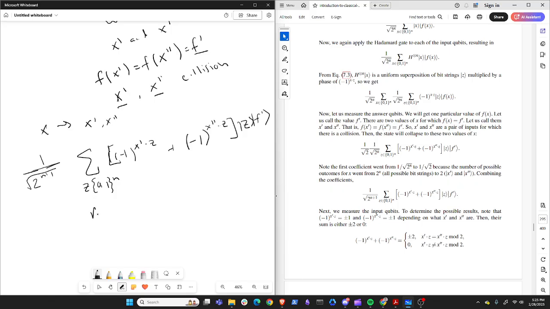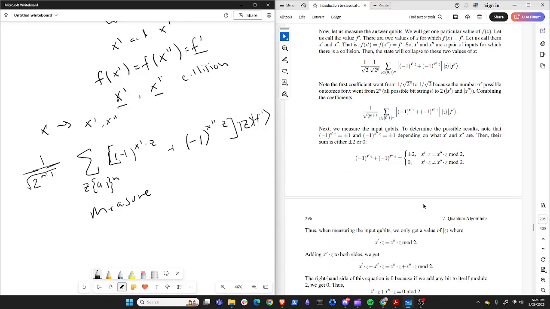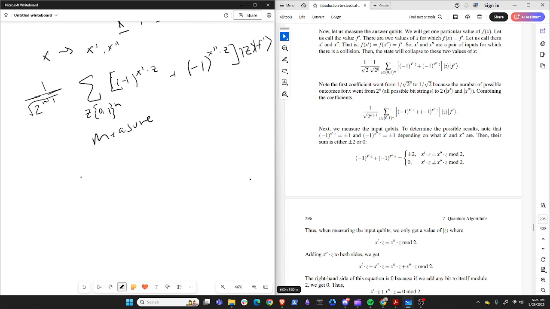Now we measure. So when (-1)^(x prime·z) and (-1)^(x double prime·z) both give us plus or minus 1, depending on what these are, the sum is either going to be plus or minus 2 or 0.